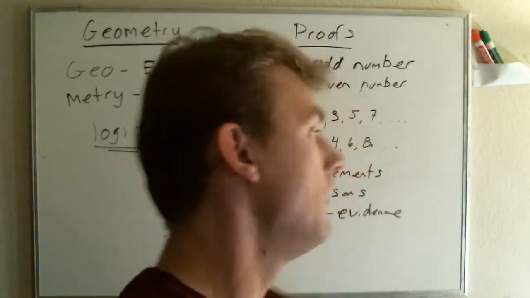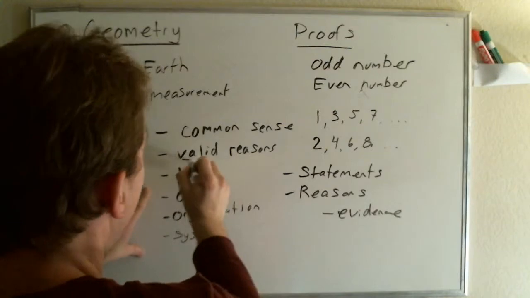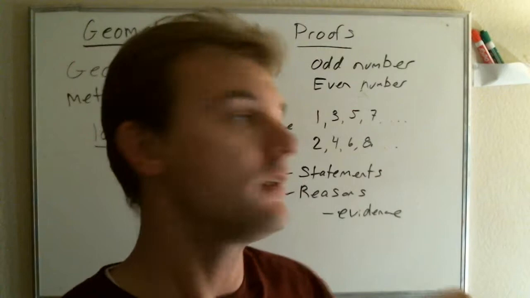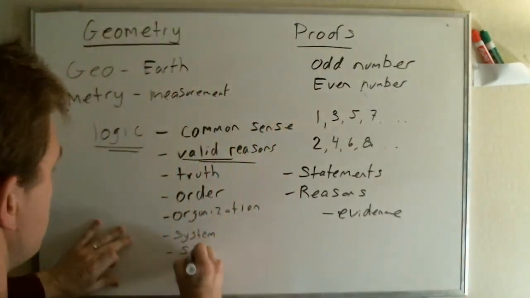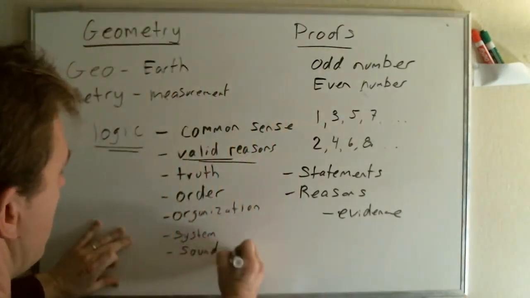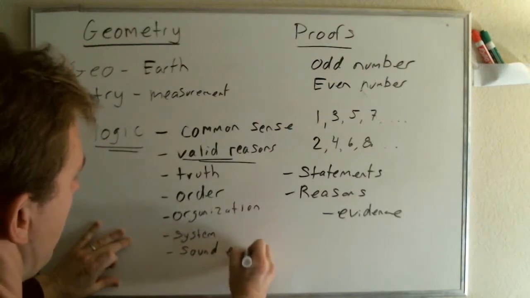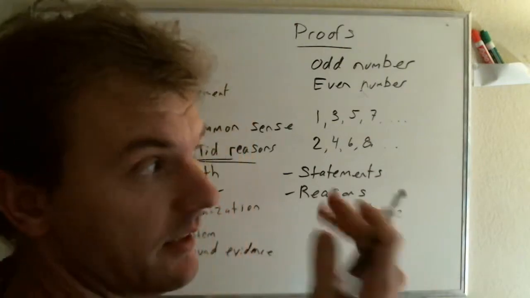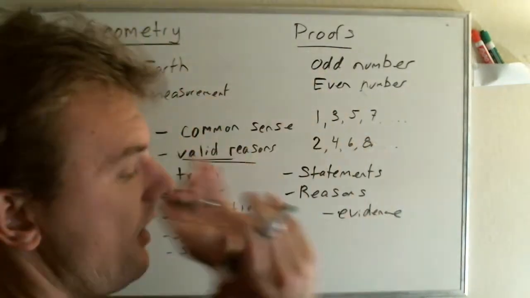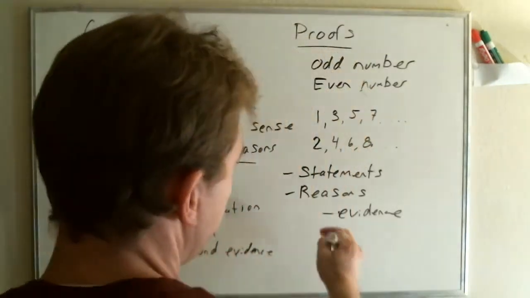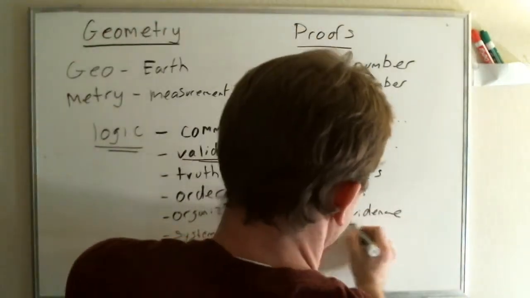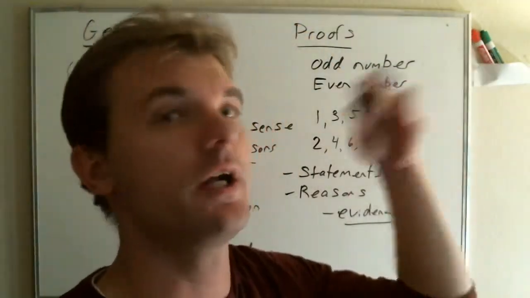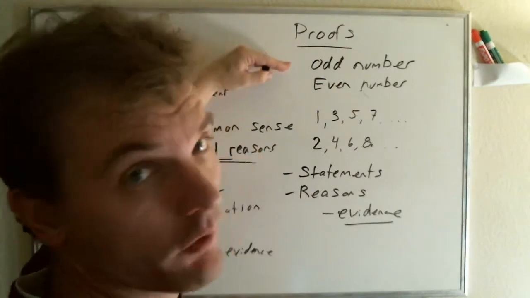He wanted valid reasons to have his evidence sound. So logic has sound evidence. You can also think of hard evidence, meaning you can see it, it's there. We can see the order. So you really want to have reasons or evidence to support your foundations, or the part you're going from.